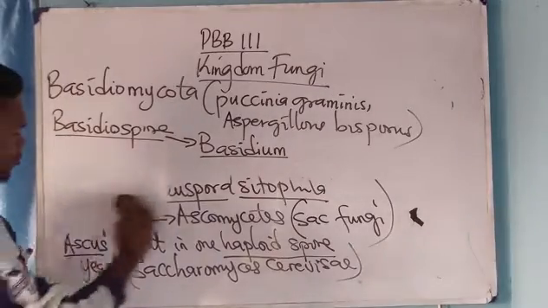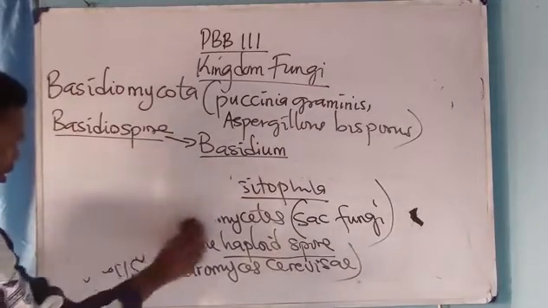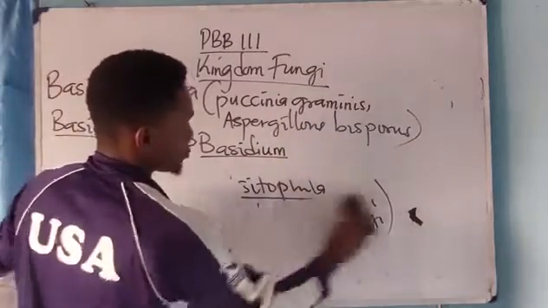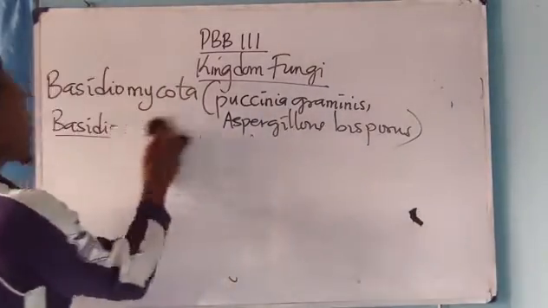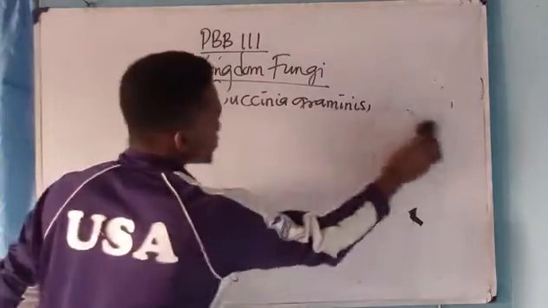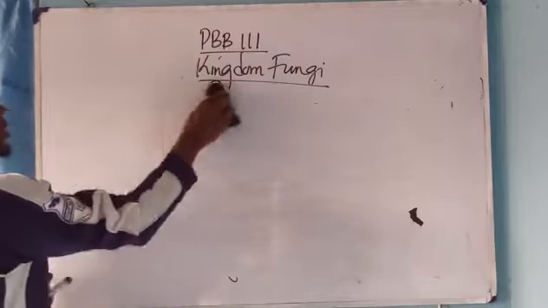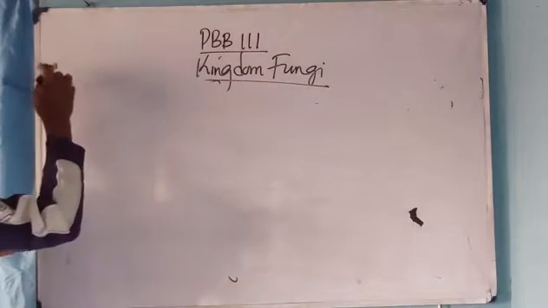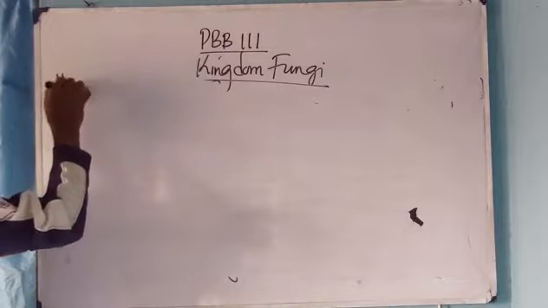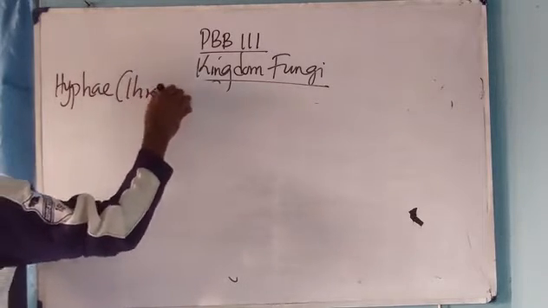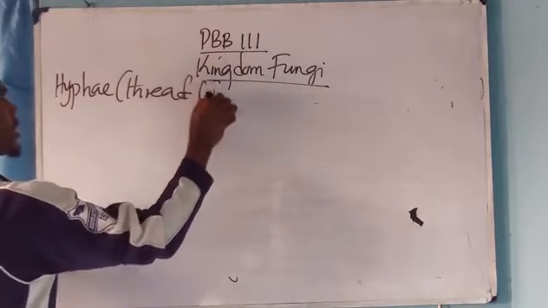Now, let me quickly say this before I forget. The thread-like whitish structure of a given fungus is called hyphae.